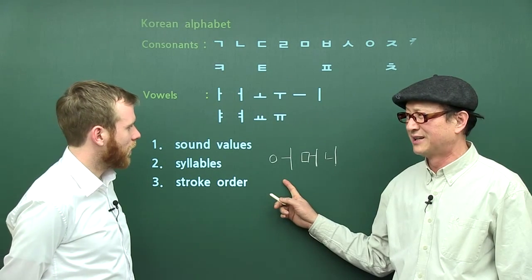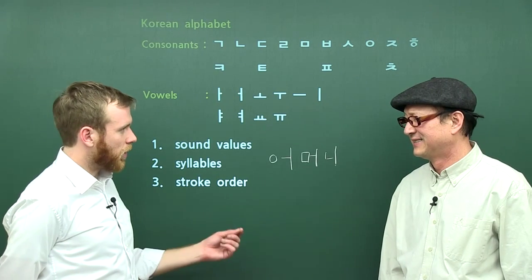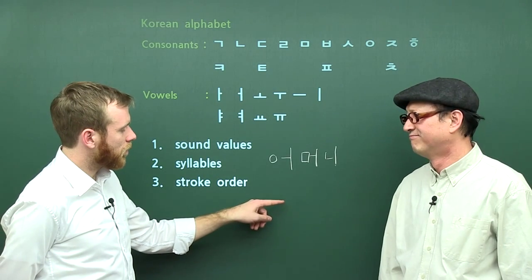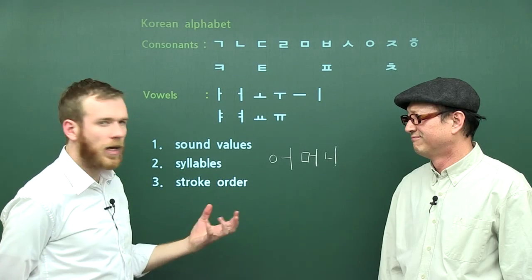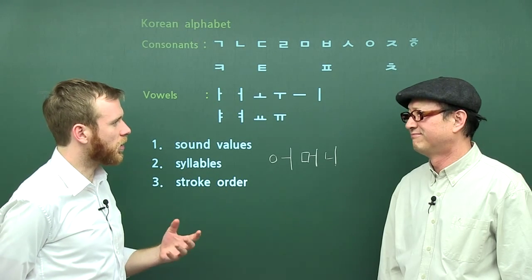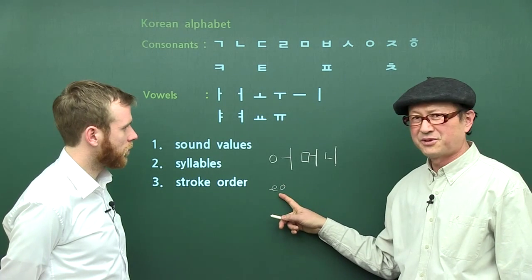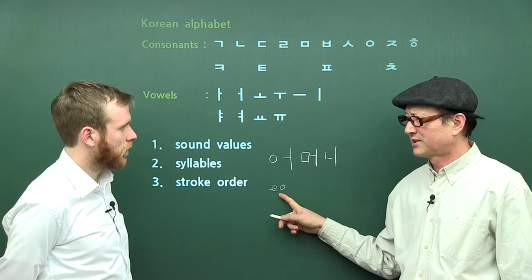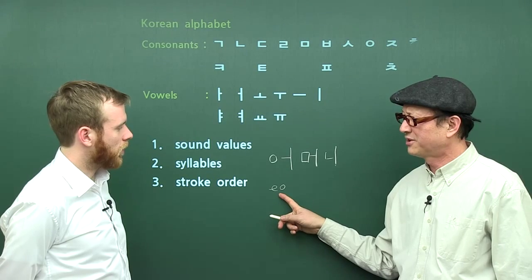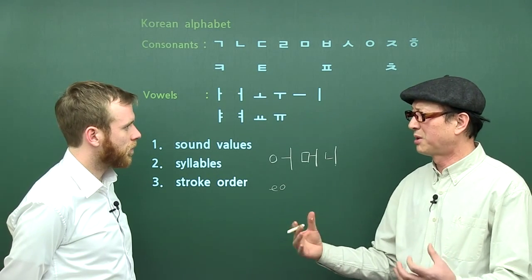How would you spell it? I've seen it written EO. I think it sounds like UH in English, right? It's from the government, what do you say? Romanization, right. The government education department.